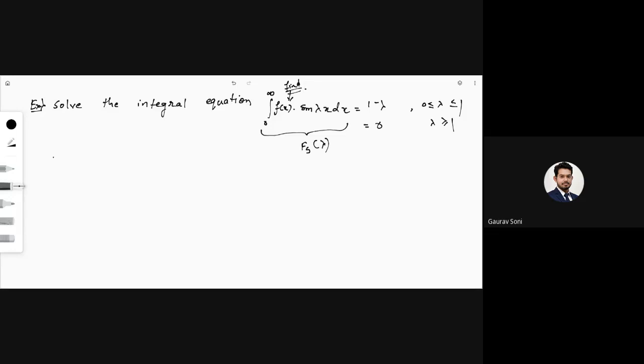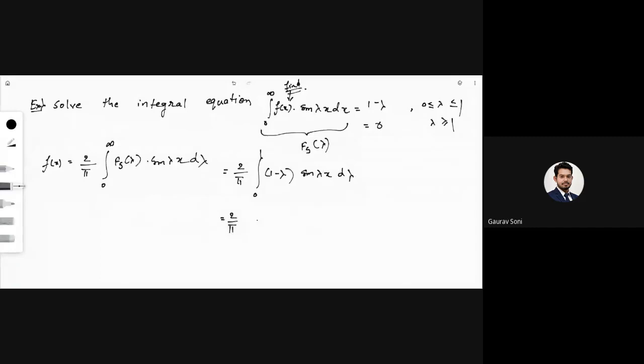So what we do is f of x is equal to 2 by pi integral 0 to infinity Fs of lambda sin lambda x d lambda. So this will be equal to 2 by pi integral 0 to 1, Fs of lambda is 1 minus lambda, sin lambda x d lambda.